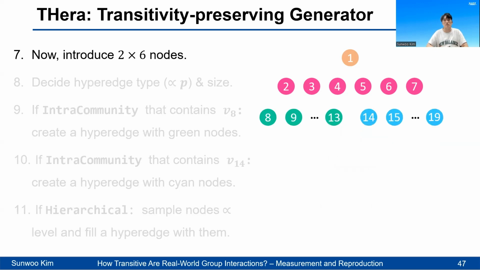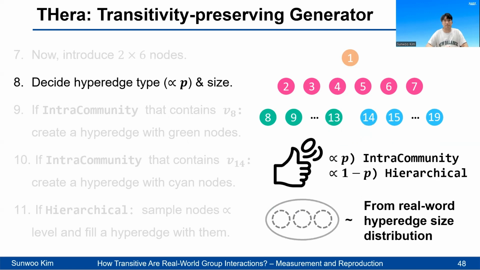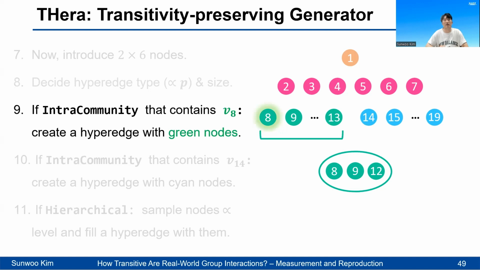Now, we introduce more nodes in the next level of the tree. Note that the upper sides of the tree contain fewer nodes than the lower sides. Then, we again decide hyperedge type and size as mentioned earlier. Here, if we are creating an intra-community hyperedge with node 8, we sample nodes from the community of node 8, which are green-colored nodes.